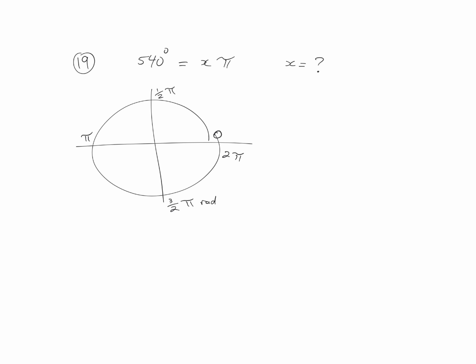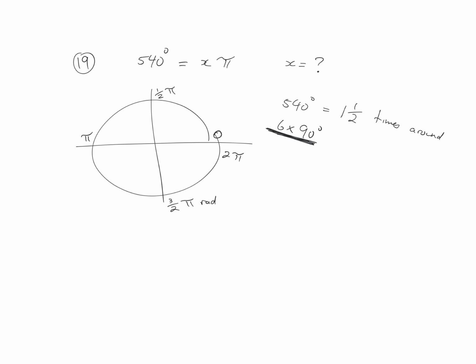Now 540 degrees equals 1 1/2 times around. It's also 6 times 90 degrees. So we can just use this fact. This is the quickest way to do it.